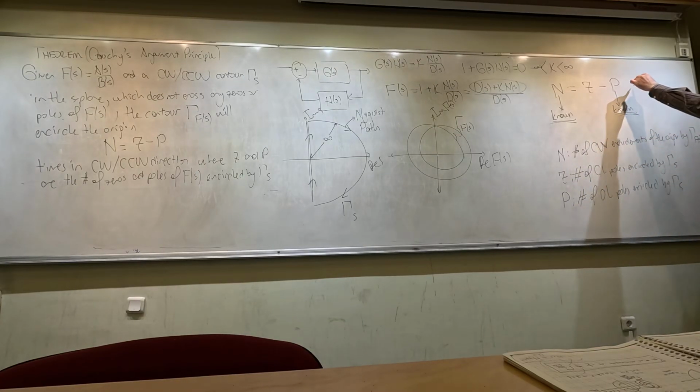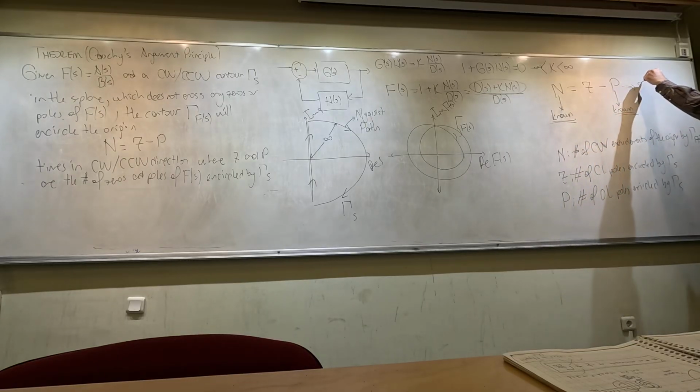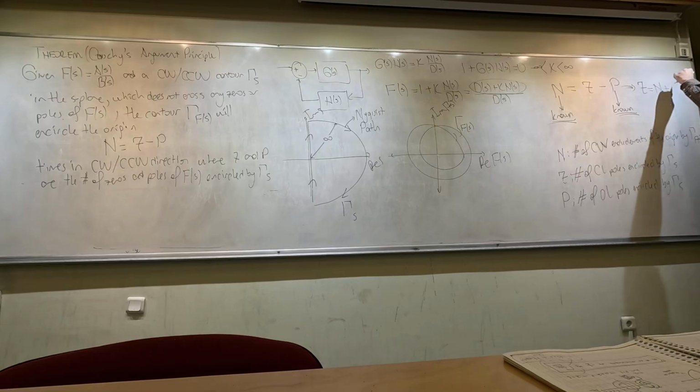From this equation, if I know these two quantities, then I will be able to calculate Z equal to N plus P. I will know N after drawing that plot, and I will know P since I know the open loop transfer function. Then I will know how many unstable closed loop poles the system would have by summing these two numbers.